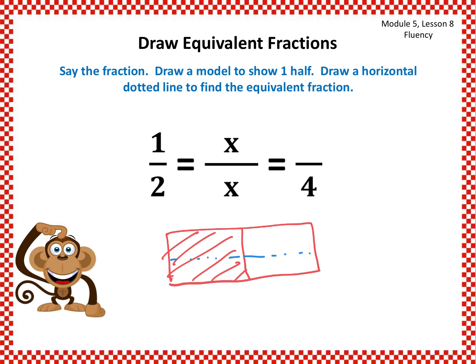And now I have divided my fraction into 4 parts, which is what is underneath on the denominator. And instead of having only one part, I now have two parts of 4. So I actually multiplied 1 times 2 to equal 2, and 2 times 2. Again, remembering that you have to have the same number on the top as you have on the bottom when you are multiplying to find an equivalent fraction.